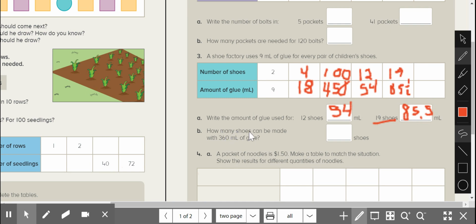Now, how many shoes can be made with 360 milliliters of glue? If we took our number of shoes times 4.5 to get our amount of glue, what we have to do is take our amount of glue, 360, and divide that by 4.5.